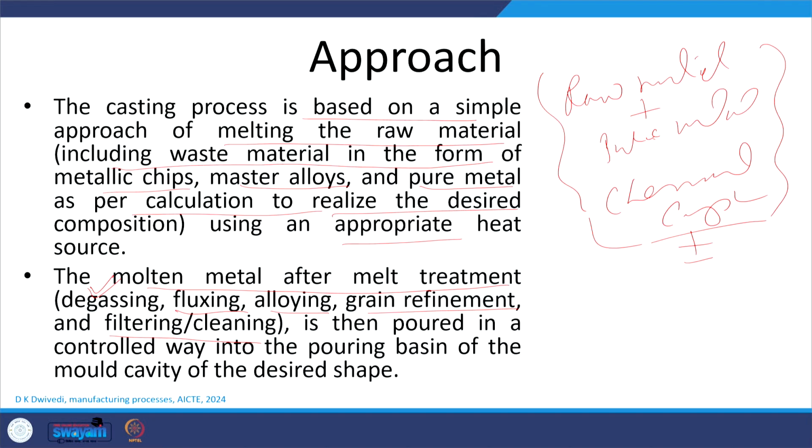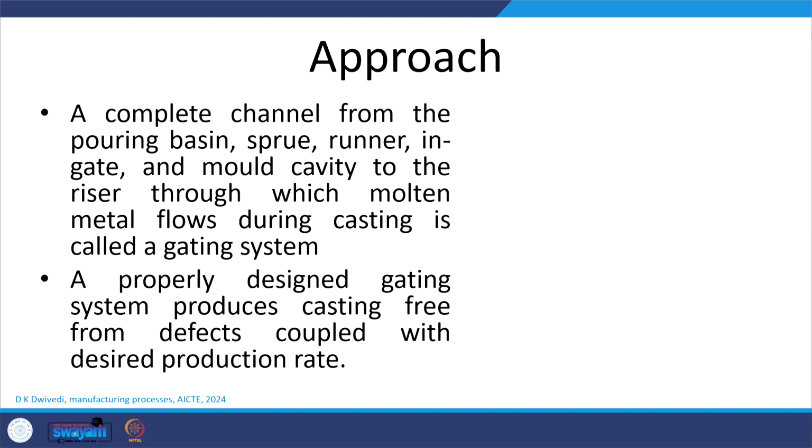Once we get the clean molten metal of the desired temperature, it is poured into the mold in a controlled way. So, the pouring basin is one part of the mold, so that the molten metal is filled into the mold cavity of the desired shape, okay.